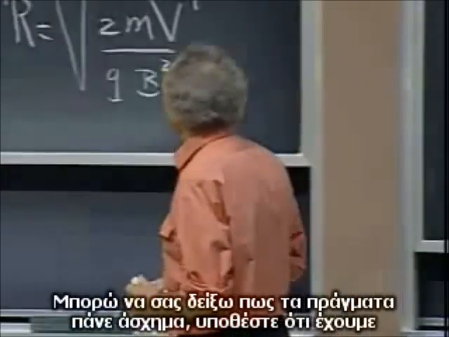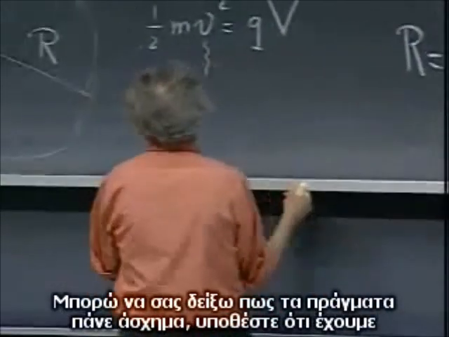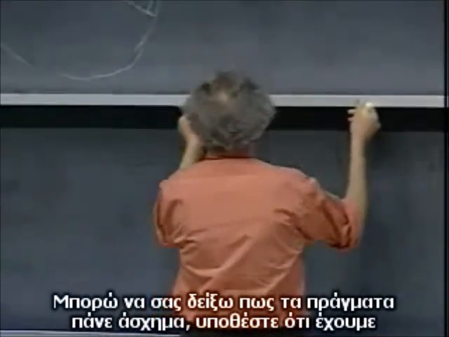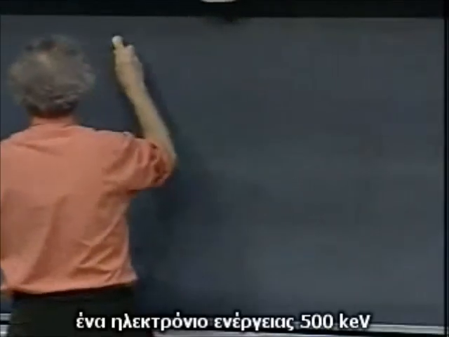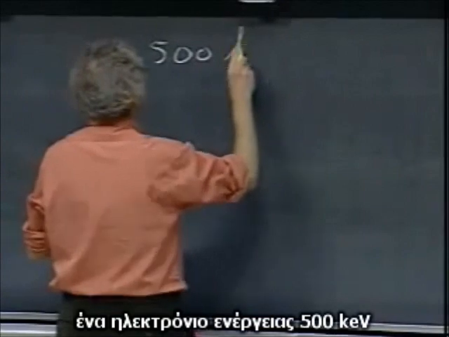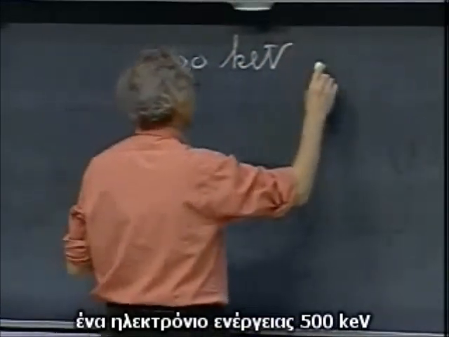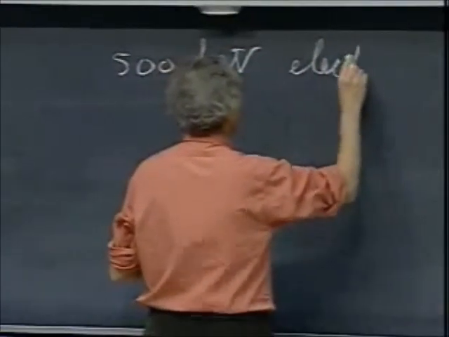I can show you how things go sour, because suppose we have a 500 kilo electron volt electron.